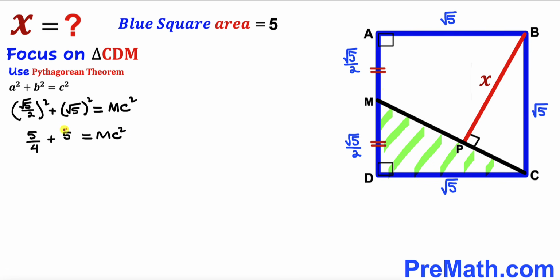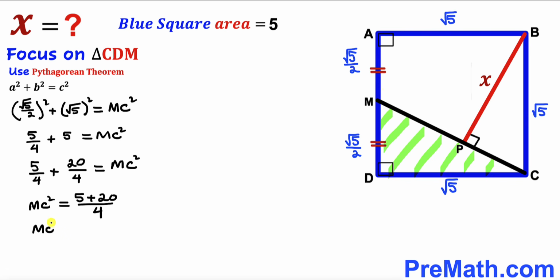Now we are going to tweak 5. 5 can be written as 20 divided by 4. As you can see in this next step, I have replaced 5 with 20 divided by 4, and as a result we got the common denominator 4. So MC squared equals 5 plus 20 divided by 4, or simply MC squared equals 25 divided by 4.